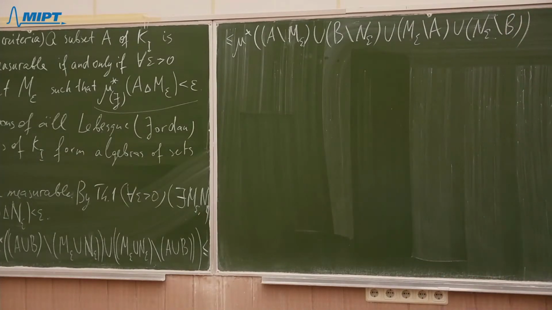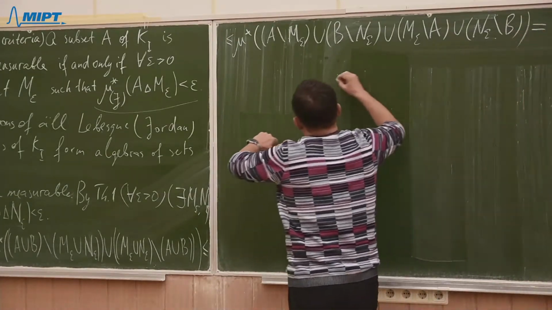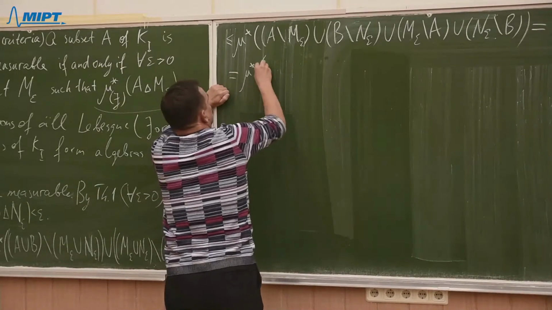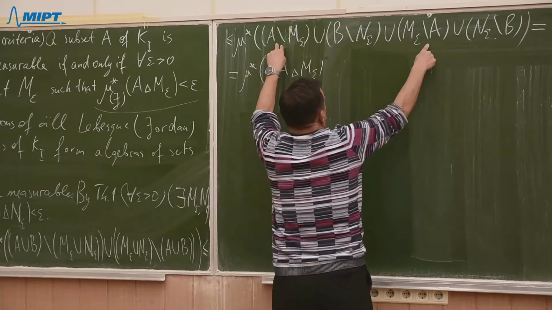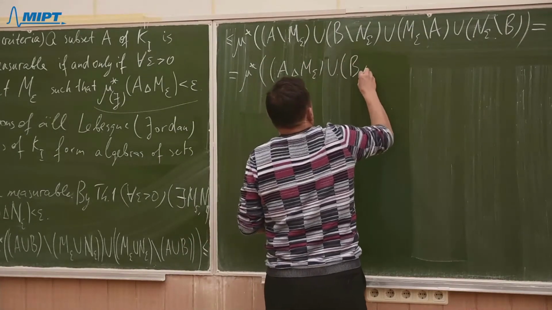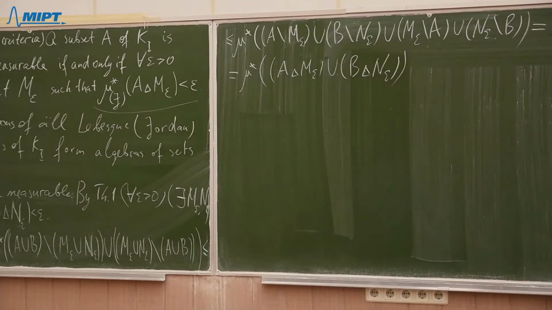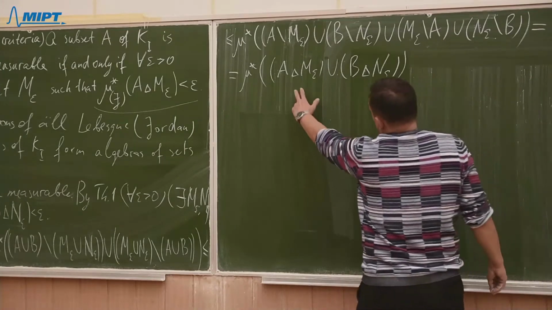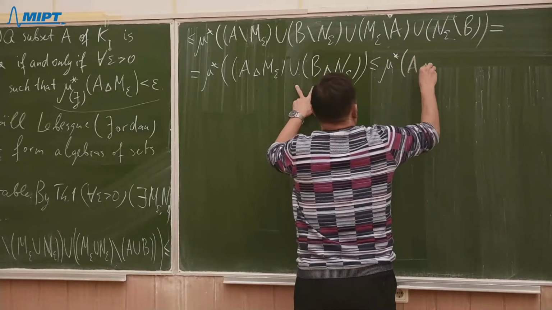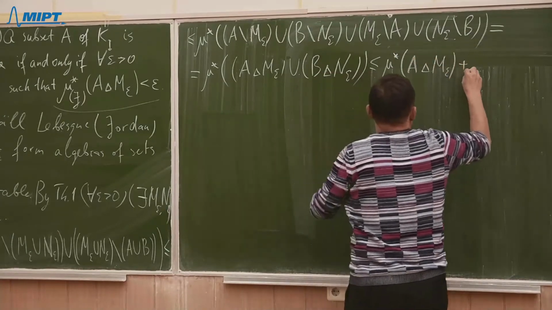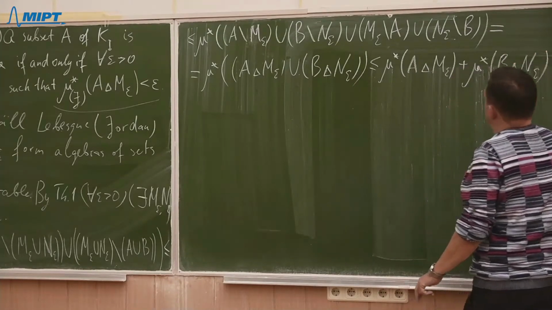Then I can unify the pairs. That is precisely the symmetric difference of A with M_ε, together with the symmetric difference of B with N_ε. Then, by the properties of the outer measure, it is less than or equal to the sum of outer measures, A symmetric difference with M_ε plus B symmetric difference with N_ε.